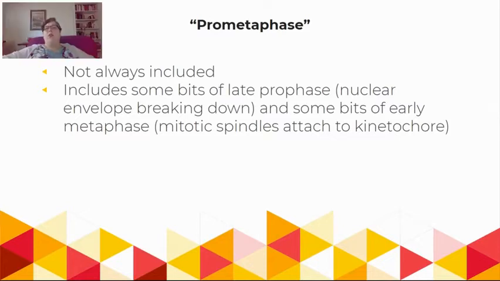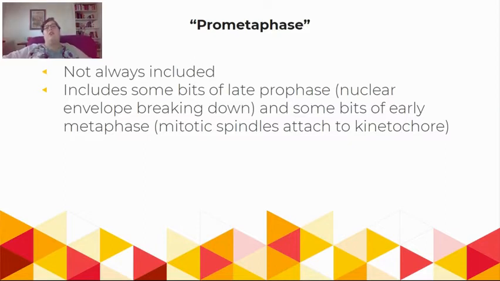So there's this additional phase that you will see referred to in some biology textbooks and not others. So I wanted to address it because depending on where you go from here, you might end up someday in a science class with a teacher that tells you that there are 5 stages of mitosis.